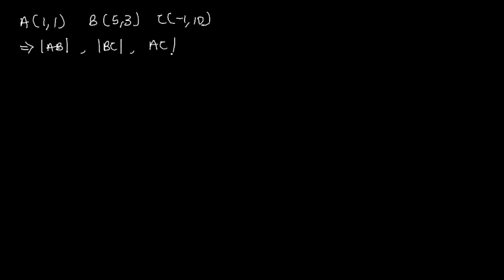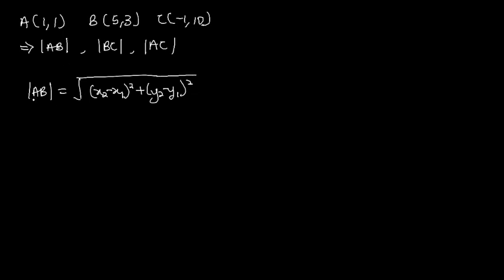Okay, so let's begin. So we have our point A has the coordinates 1, 1, B has the coordinates 5, 3, and C has the coordinates -1 and 10. And we have to find the distance of AB, then we find the distance BC, and then we also find the distance AC, and compare and see if they are all the same. Now to find the distance between 2 points, say AB, the formula is the root of x2 minus x1 all squared plus y2 minus y1 all squared.